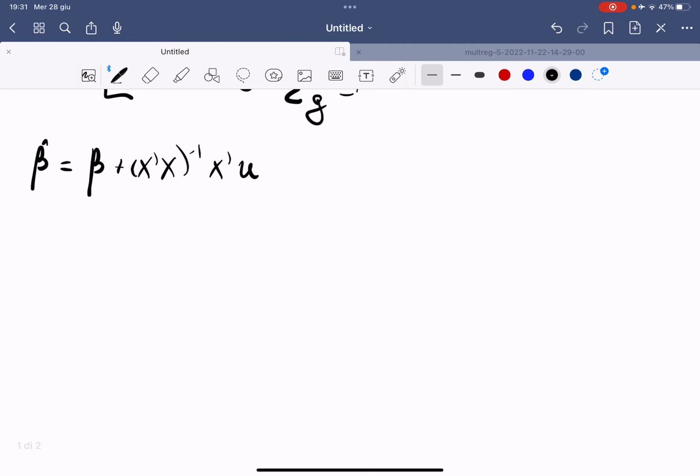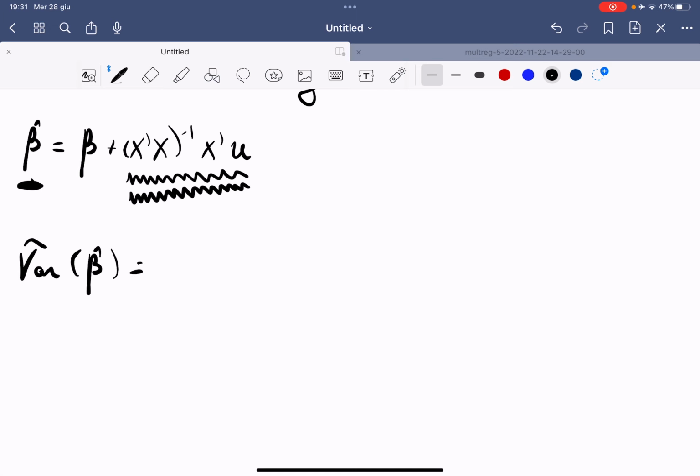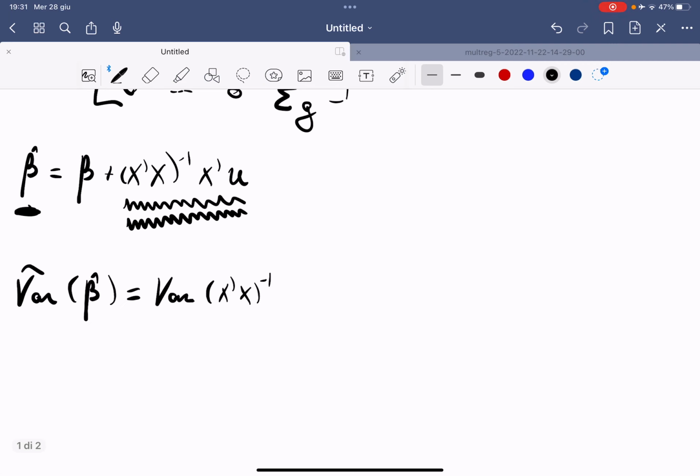So we are taking the variance. The variance of beta hat will be equal to the variance of this part. So the estimated variance of the estimated beta will be equal to the variance of x transpose x to the power of minus 1 times x transposed u estimated.